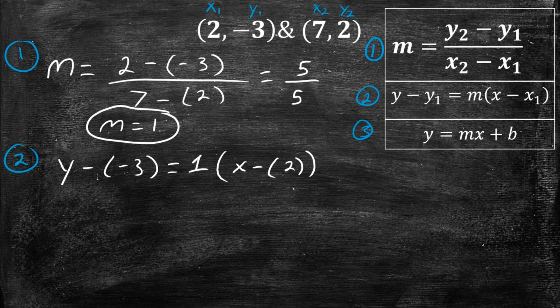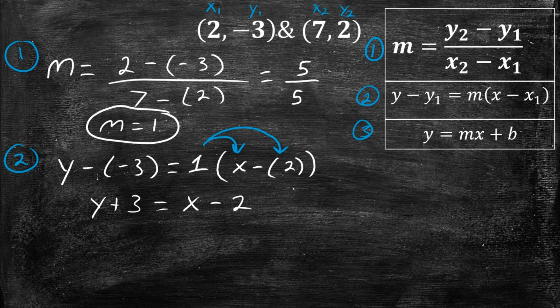All right, so now let's go ahead and simplify this. Y plus 3 is equal to, and what we can do on this side is distribute this 1 to everything in the parentheses. So when we do that, we'll get x minus 2.